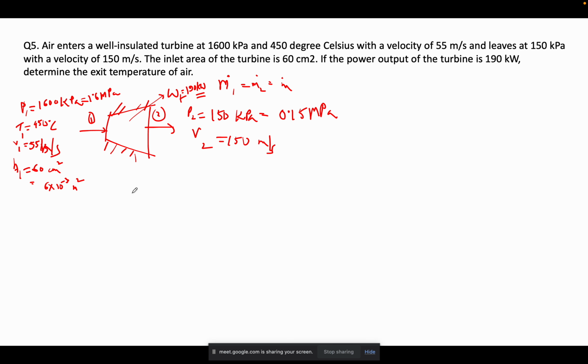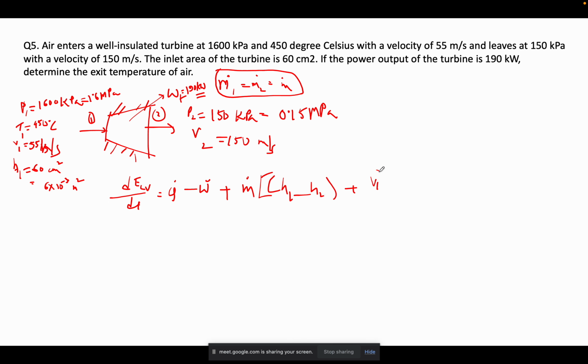Okay, so we have already got this from the conservation of mass. Then from the conservation of energy we will get again dECV by dt will be equal to Q dot minus W dot plus M dot times H1 minus H2 plus V1 squared minus V2 squared divided by 2 plus g times Z1 minus Z2.